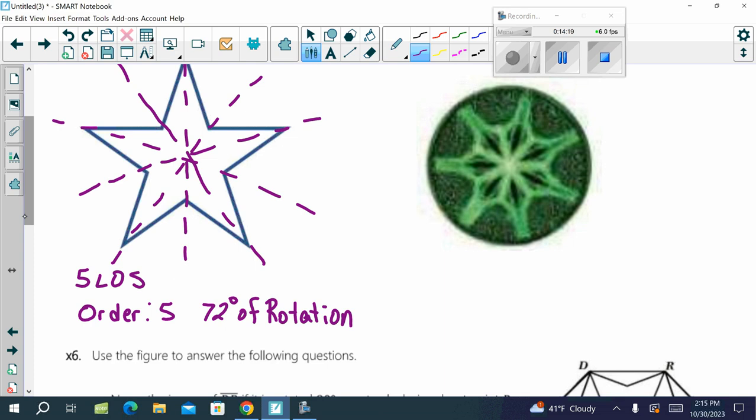All right, what about this little green, weird cell looking thing? 7 lines? 1, 2, 3, 4, 5, 6, 7. Yep. So 1 through every spoke.